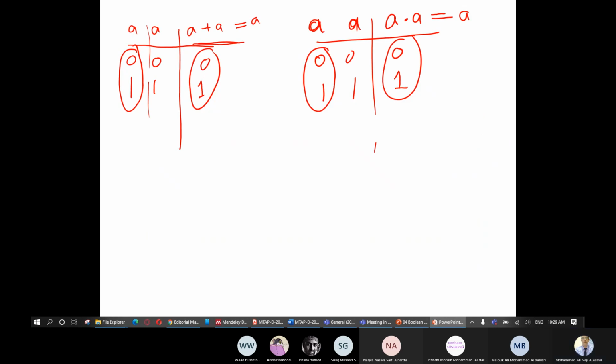Then I have two inputs, which are A and B. The cases that they will take are 0,0, 0,1, 1,0, and 1,1. Okay? Then, what do I want to prove here?